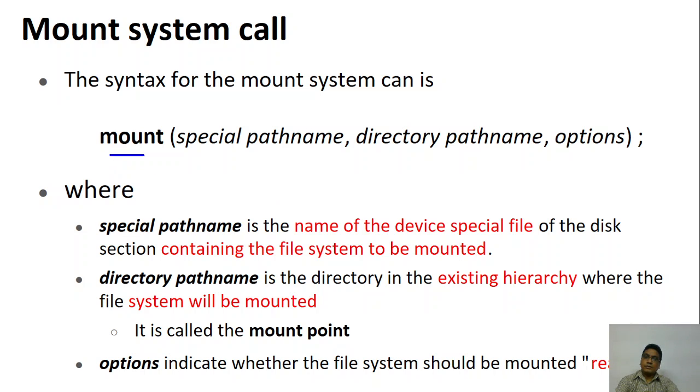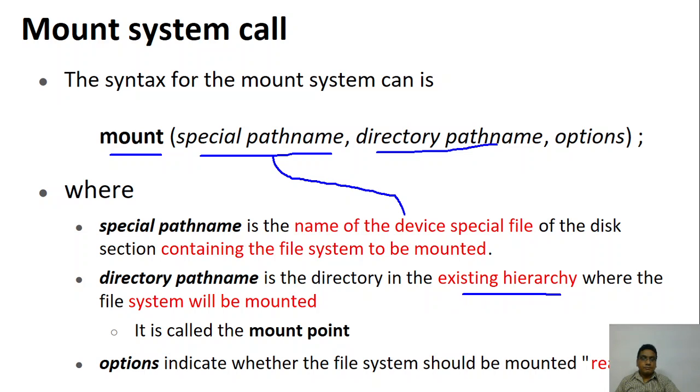So we use the word mount. Then we need to specify the special file, that is the file that is associated with the device. Then we need to specify the path where the existing directory, where the file system has to be mounted, and this is called a mount point.